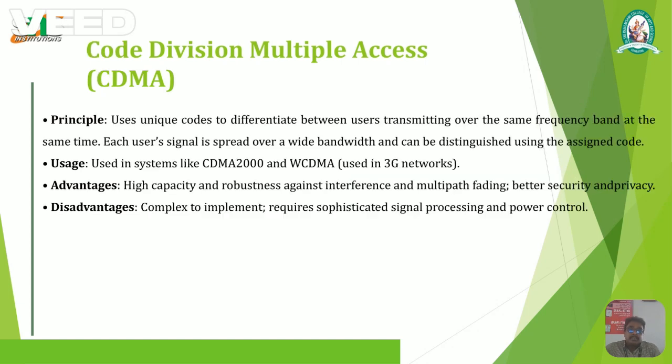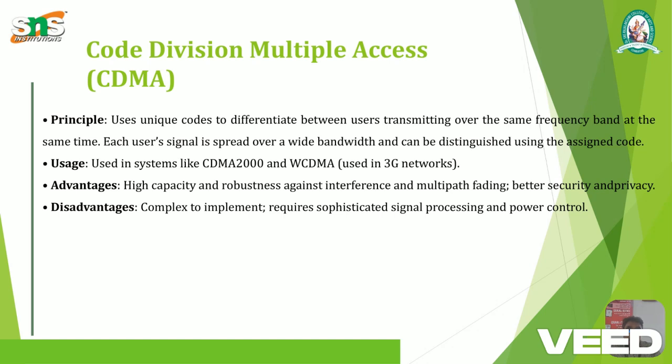Next one is code division multiple access, where we use unique codes for different users, who use the same frequency at the same time. Same frequency, same time, but different code. Each signal can be manipulated with a code, using different bandwidths.